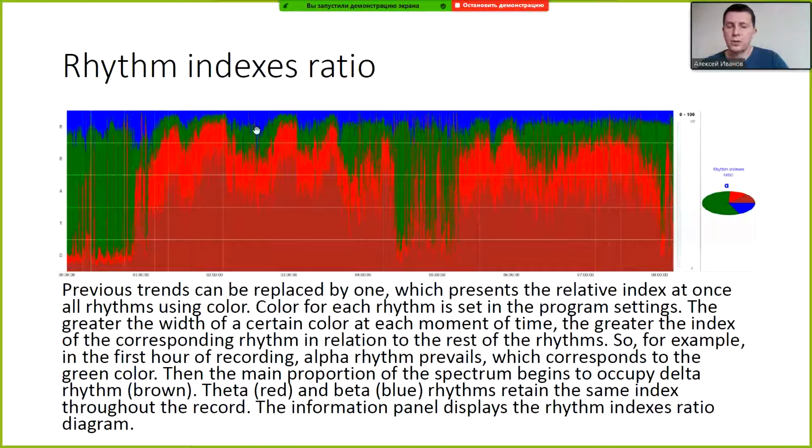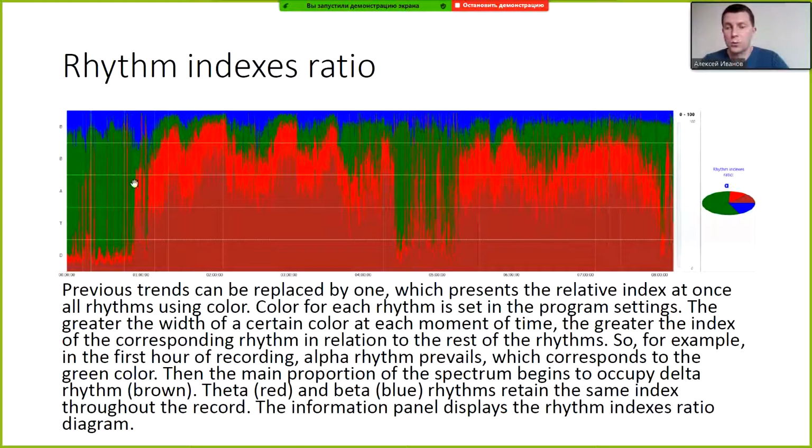All information about rhythm indexes we can see using only one trend, the rhythm indexes ratio. Using this trend, we can see all rhythm indexes using specified colors: brown for delta, red for theta, green for alpha, and blue for beta.